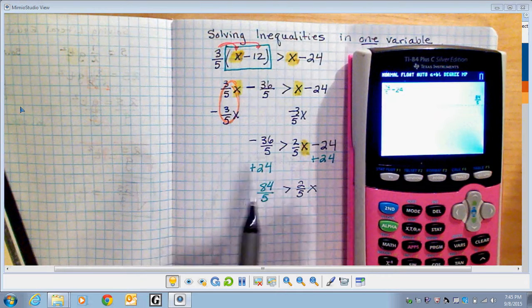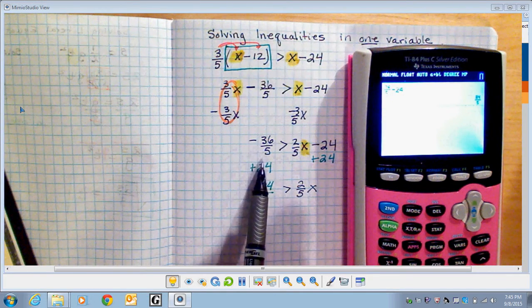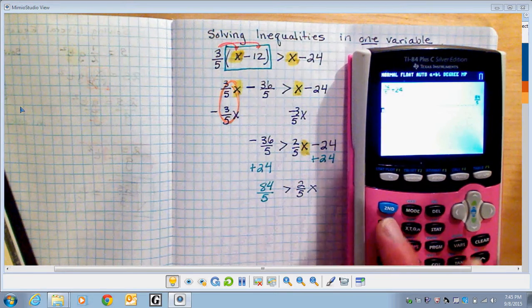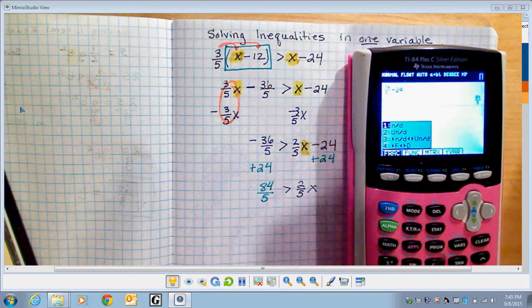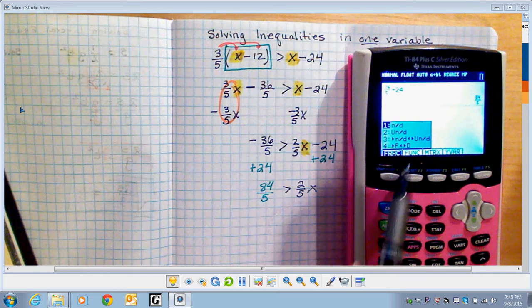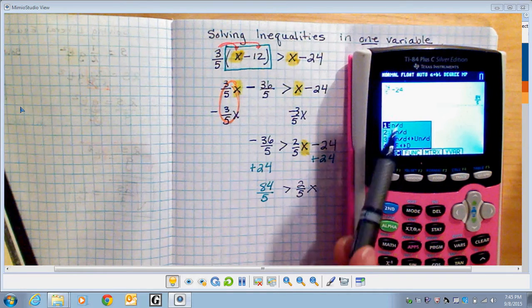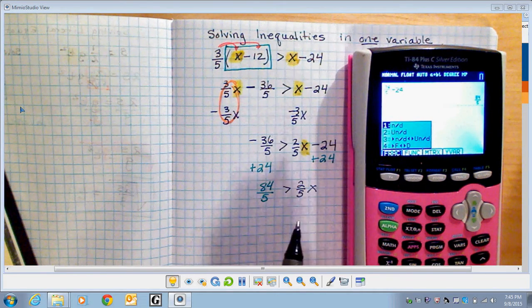Okay? So the calculator gave me the answer. So what did I do in order to get that fraction again? I did alpha and then F1, which is right there, and see how it gives me all the options for different kinds of fractions or improper fractions or whatever.